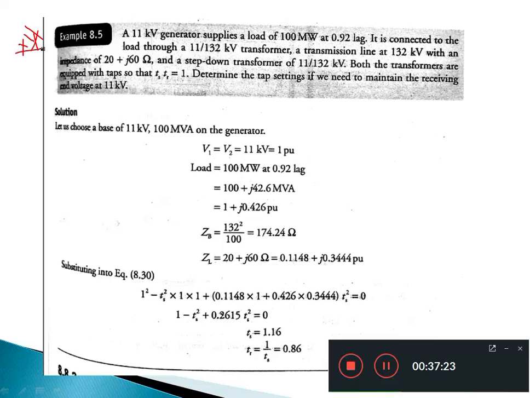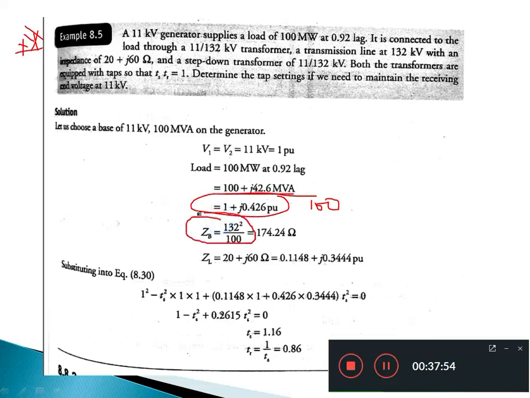Find the reactive power: VI sin phi, VI cos phi is 100 megawatt load plus J42.6. How do we get 42.6? VI sin phi, sin of the 0.92 power factor angle into VI. P is known, I is known, so we calculate the values and get 42.6 MVA. Then this is divided by the base MVA 100, so we get these values.